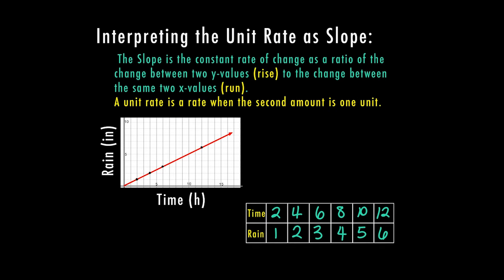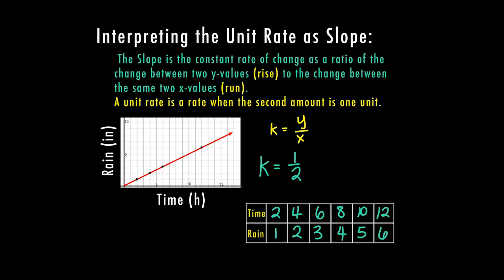But now we don't necessarily just want to fill in the table because we want to find the unit rate. And so we're going to still use our same formula, k equals y over x, so that we can find k, which is that constant rate of change. So here, if we fill this in, we're going to have k equals, our first y is 1, and our time at that point is 2.